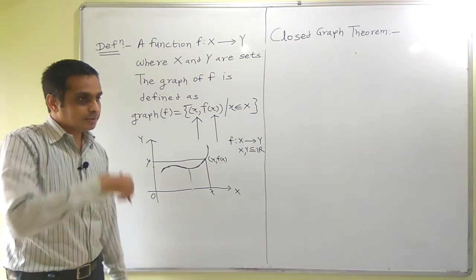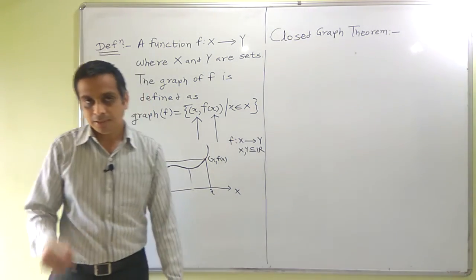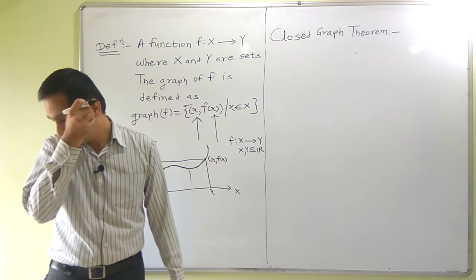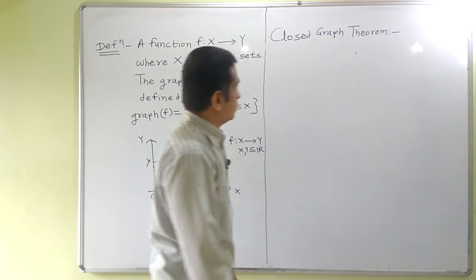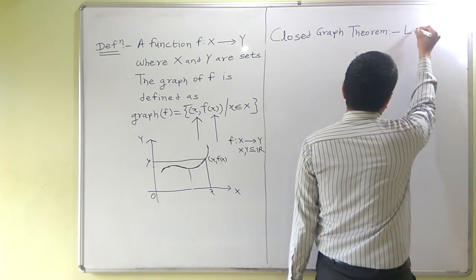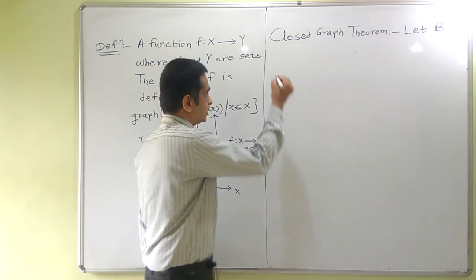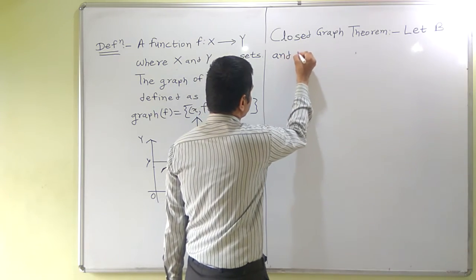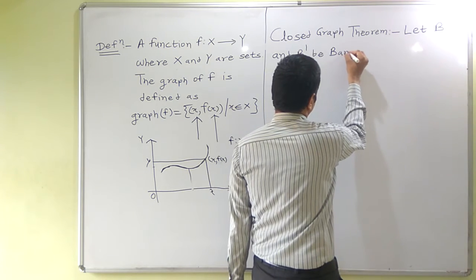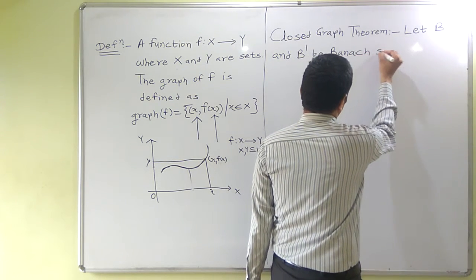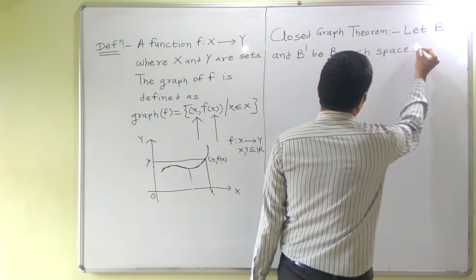The statement is: let B and B dash be Banach spaces.